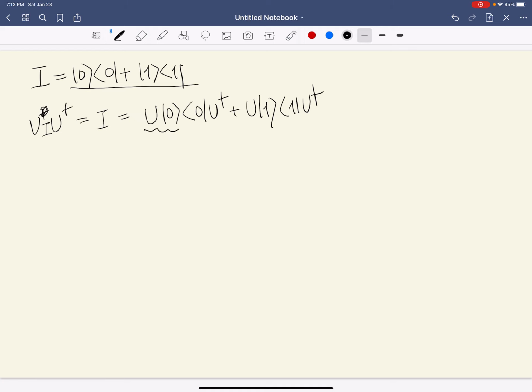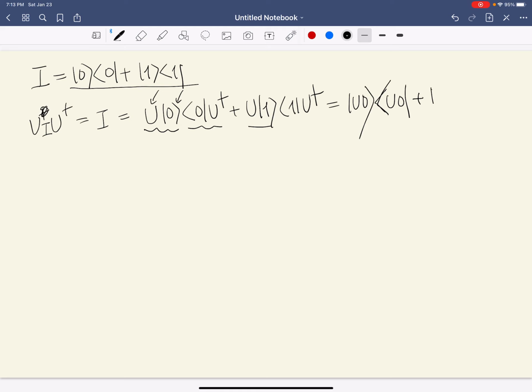So the state 0 acted on by some unitary matrix is going to be called u0. And this is nothing but the conjugate of that, so I'm going to put bra instead of a ket around it.